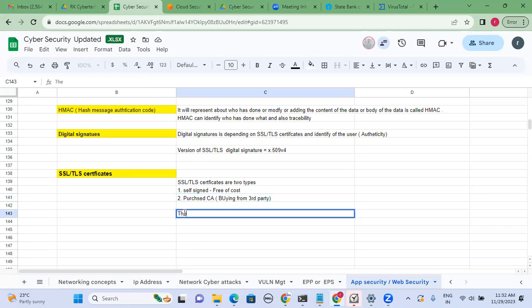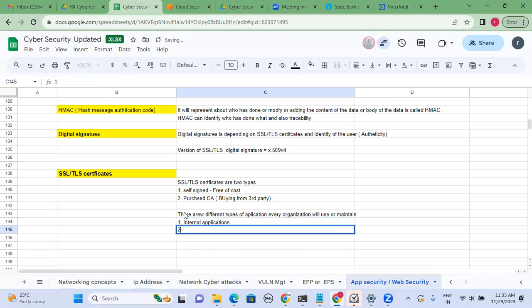So there are two different types of applications that every organization will use or maintain. Those two are internal applications, and second one is internet.